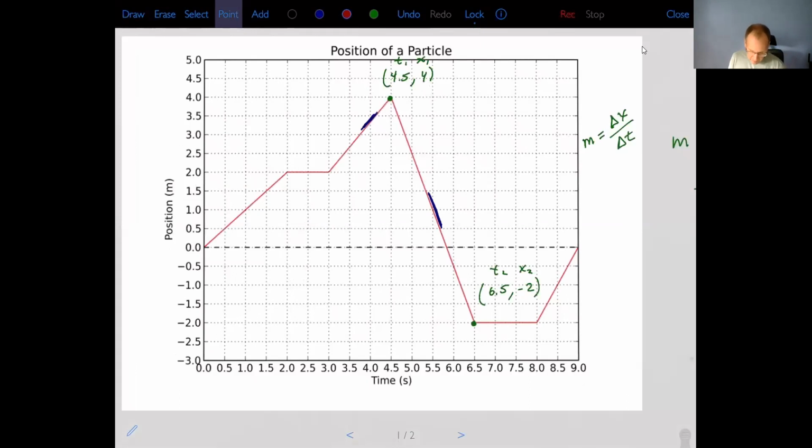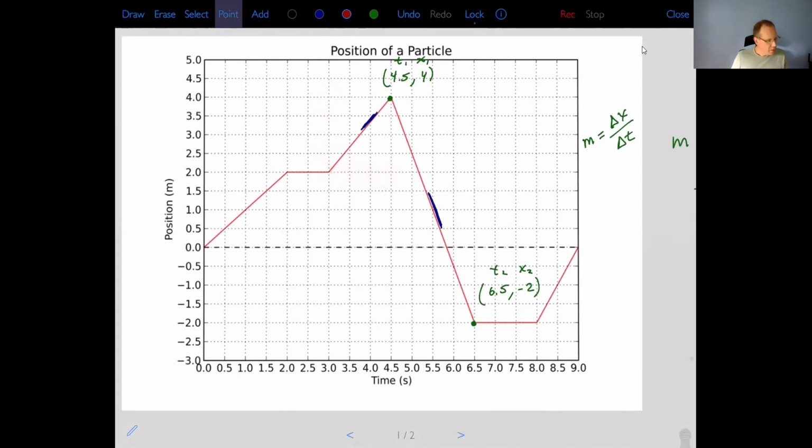Okay, what about from 3 to 4.5? My rise, it's going from 2 to 4, so that's a positive 2. My run, it's going from 3 to 4.5, so that's 1.5.